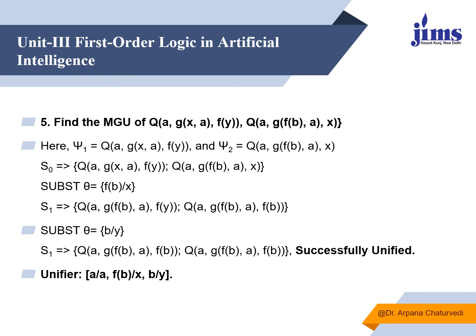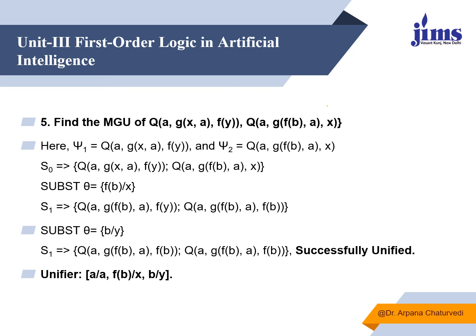Now here look carefully. Here we are given the Q predicate. Both are same. Number of arguments 1, 2, 3. 1, 2, 3. Fine. Now one by one we will look at the arguments. First is A, A. Both are same, no need to substitute.